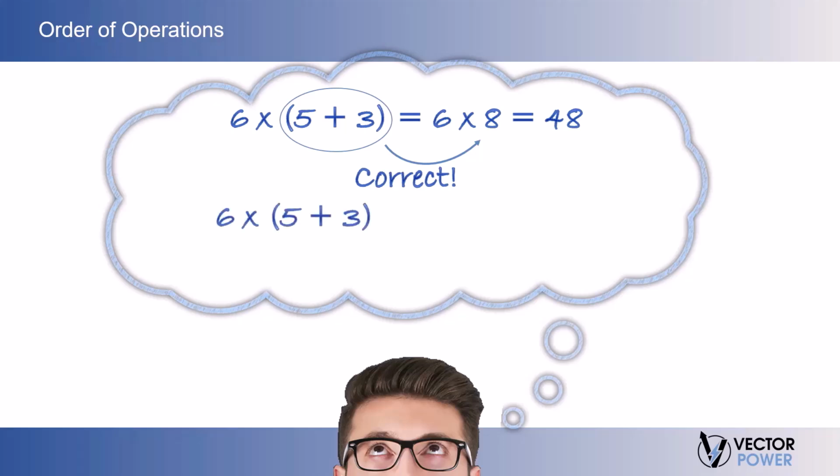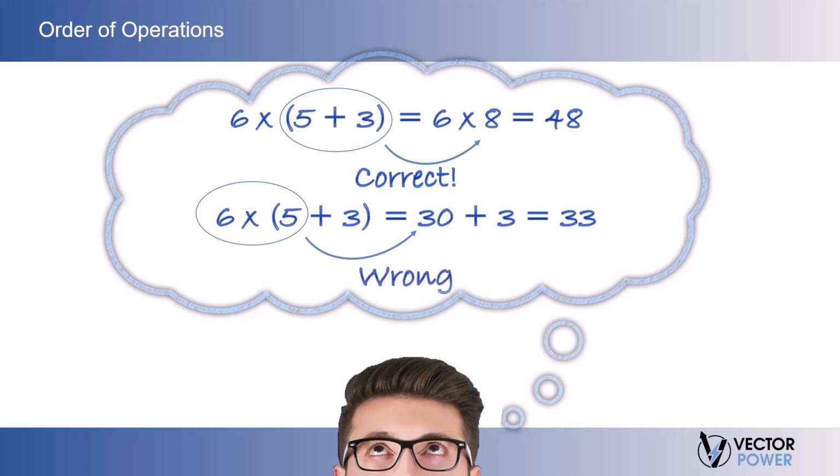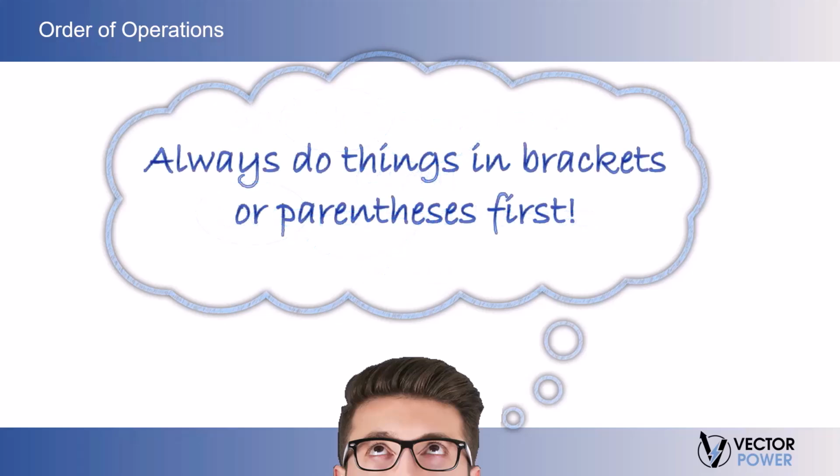Now, if we were to have done 6 times 5 first, that would be 30 plus 3, which would equal 33, and that would be the wrong answer. Always do things in brackets or parentheses first.